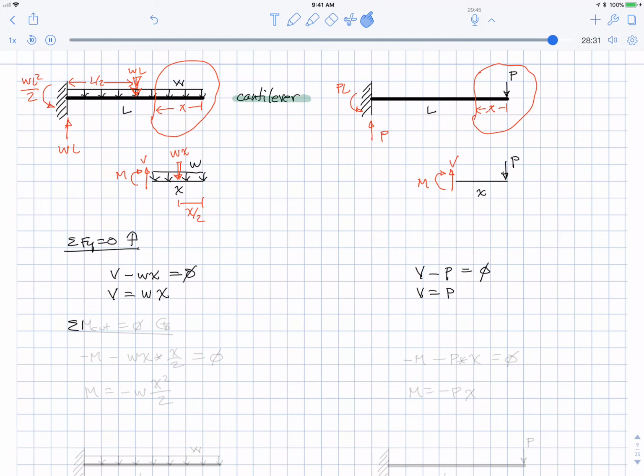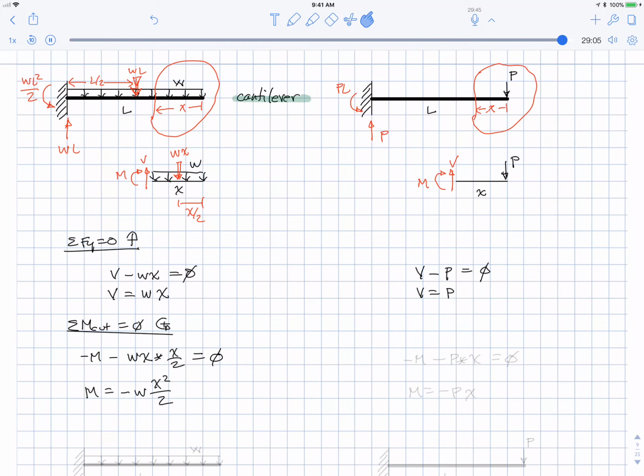Taking moments about the cut equals 0, counterclockwise positive, we have minus M, since that M is now going clockwise. Taking moments about the cut, there's no moment due to V. We have minus the resultant Wx times its distance to the cut, which is X over 2, equals 0, and we get that M is minus Wx squared over 2.